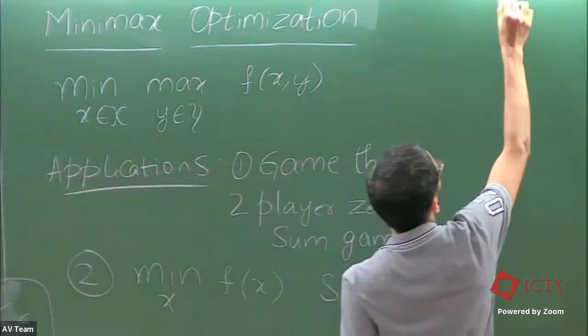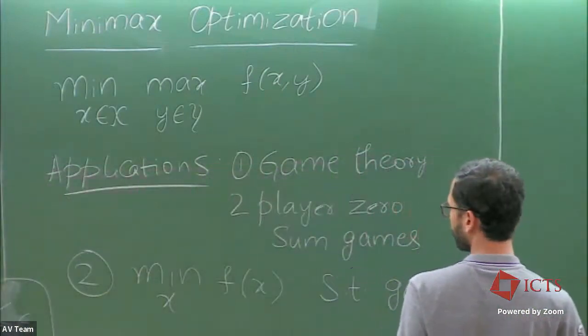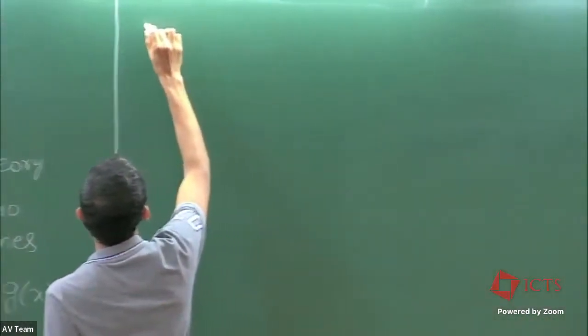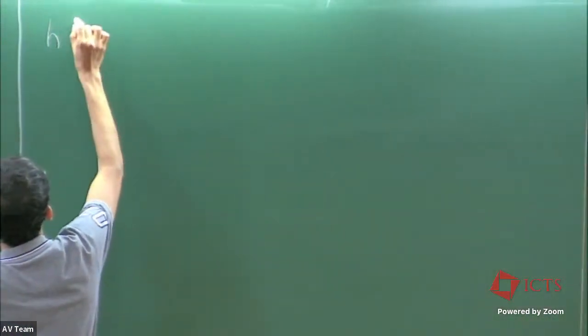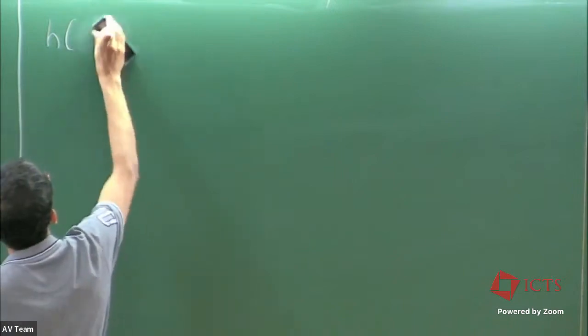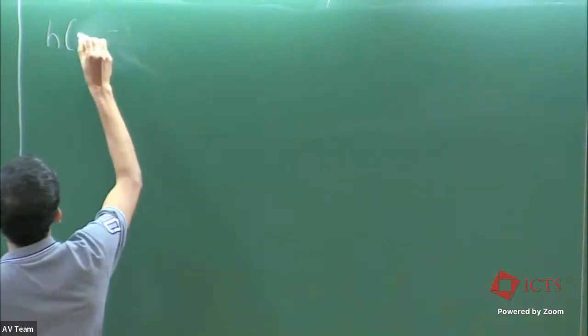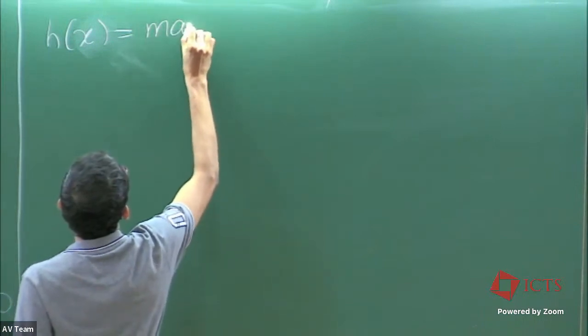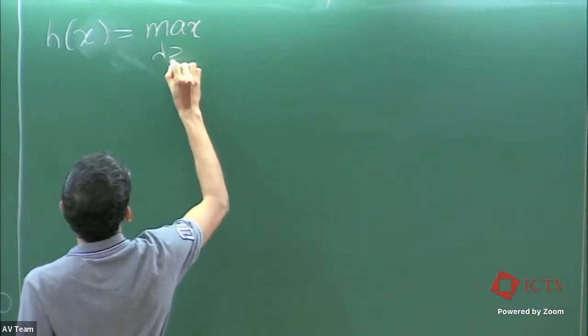So if you write the Lagrangian version of this problem, we first write h of x, which is max over lambda greater than or equal to 0.